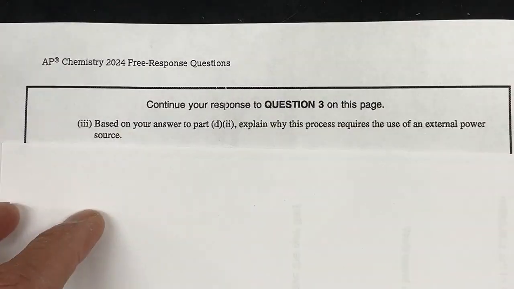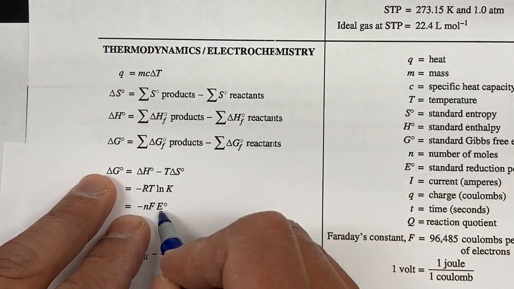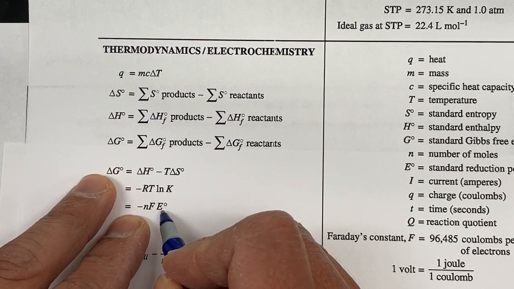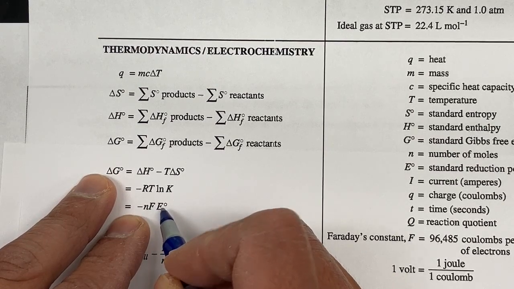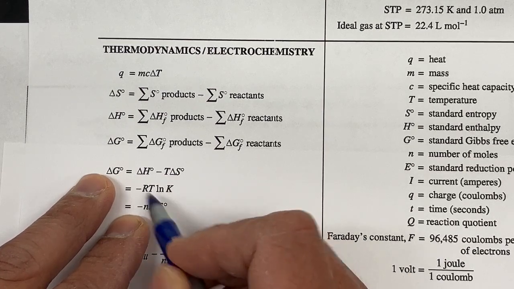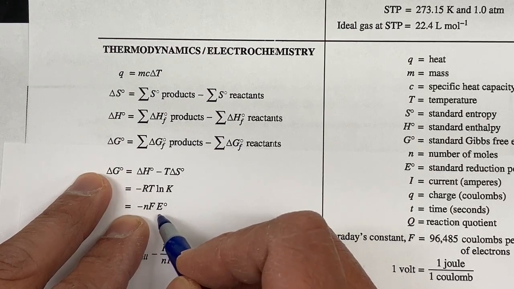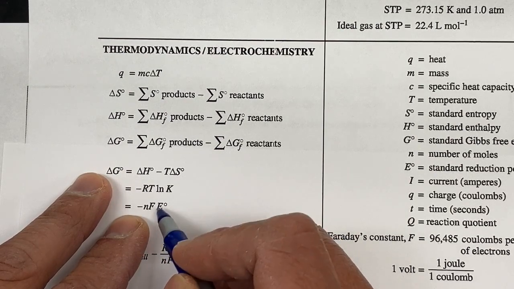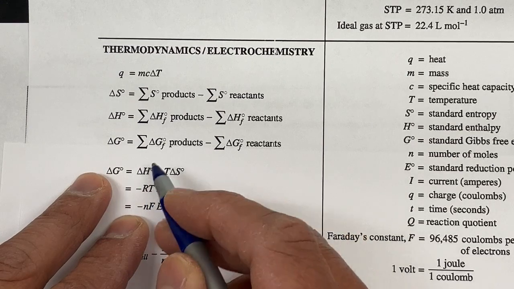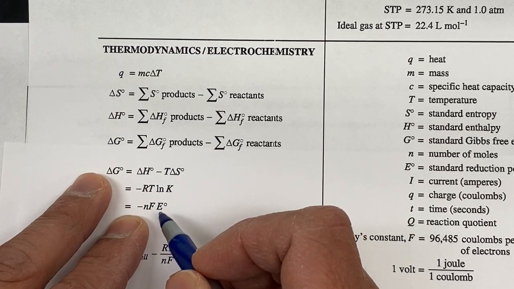If delta G is negative, that means E naught is positive, and that's favorable. If delta G is negative, the reaction is favorable. If it's not negative, if it's positive, that means this reaction is not favorable. It's not going to go by itself. That means you have to have something to drive the reaction.